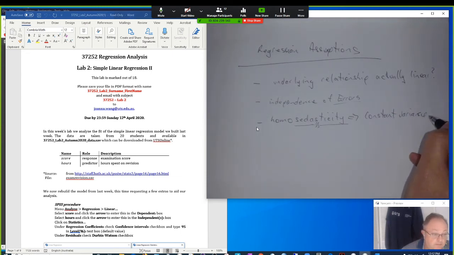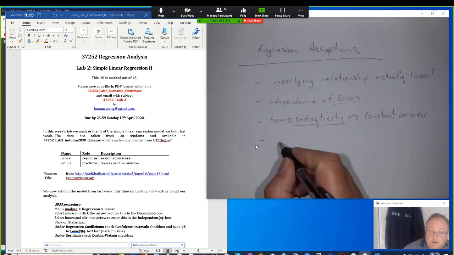So for constant variance, it's important. Can you guys still hear me okay? Still loud and clear? Thanks, Luke. So homoscedasticity is about constant variance, and all of these regression assumptions relate to our analysis of errors.